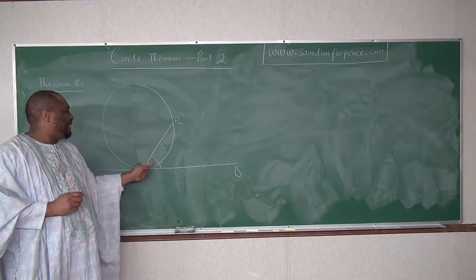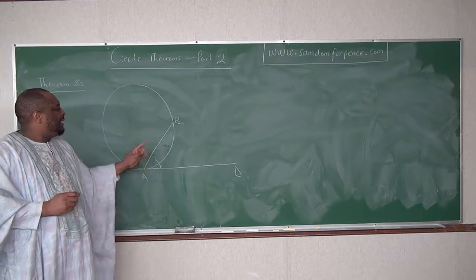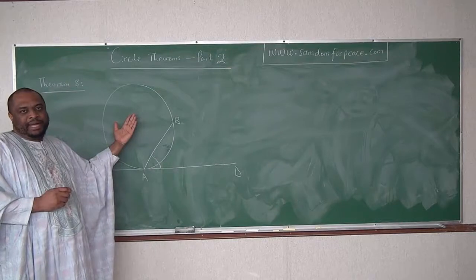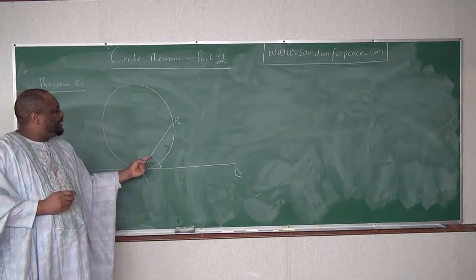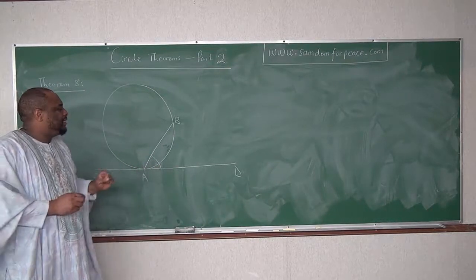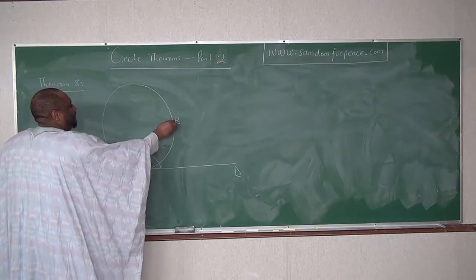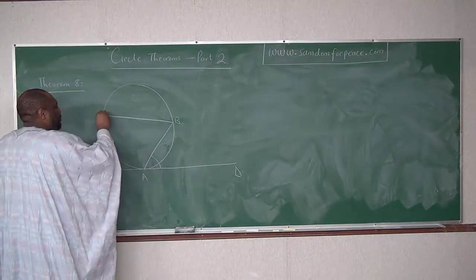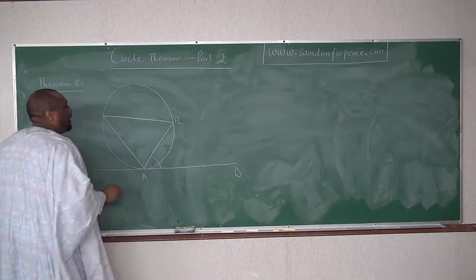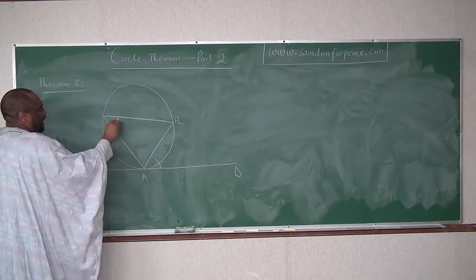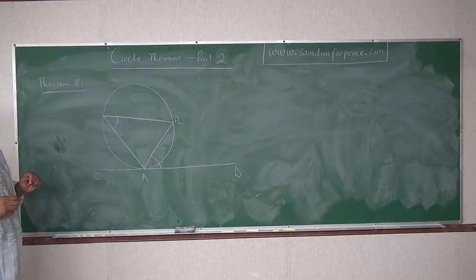So this is now the alternate segment right here. The angle between this chord and this tangent is equal to this angle here in the alternate segment.